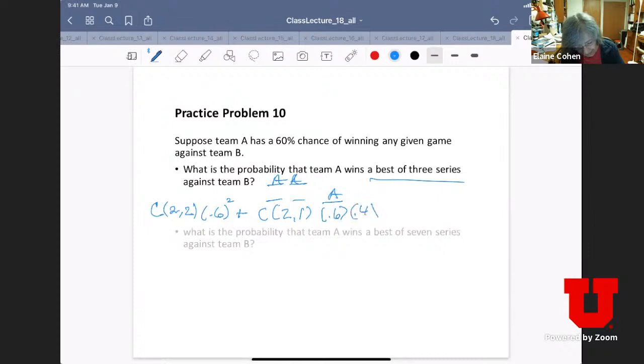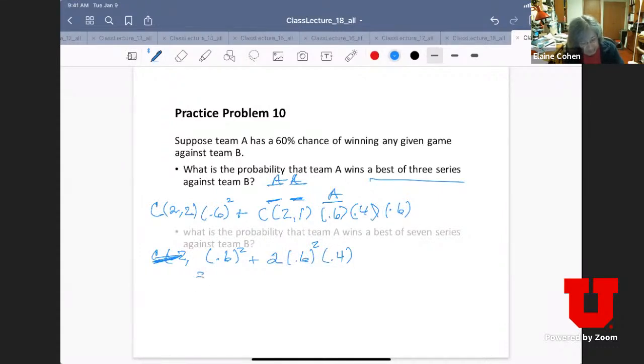This is what would come out of Bernoulli's theorem, because we're only looking at the unknowns in 2 cases. And then we have the known of 0.6. So our answer would be C(2,2), well, that's just a 1, times 0.6 squared, plus 2 choose 1 is 2, times 0.6 squared times 0.4.